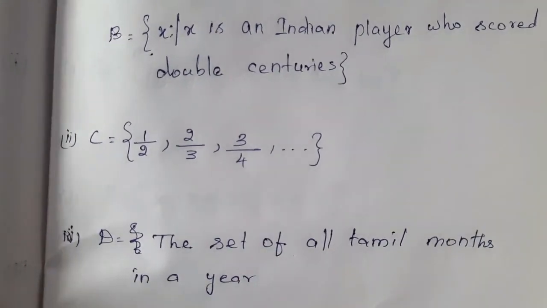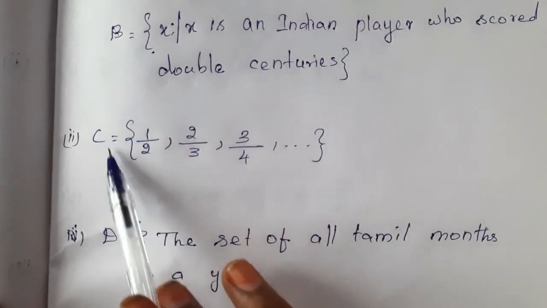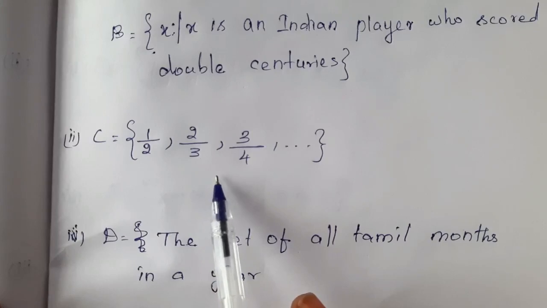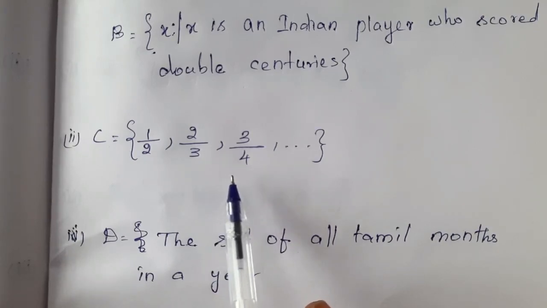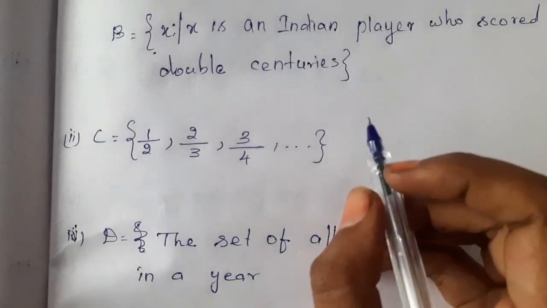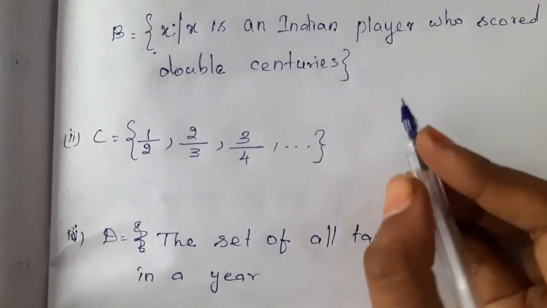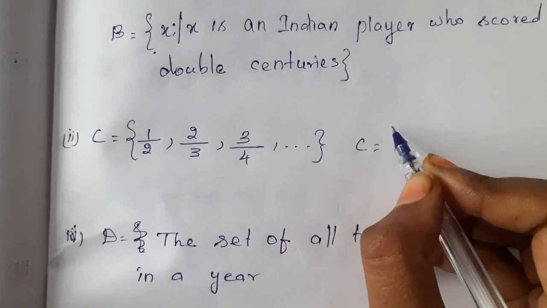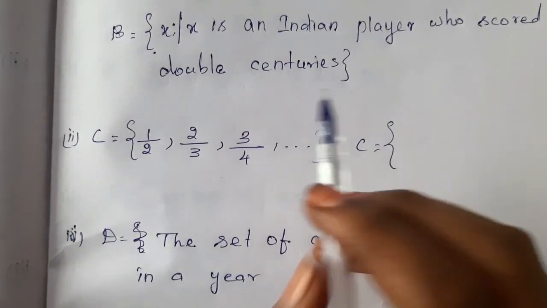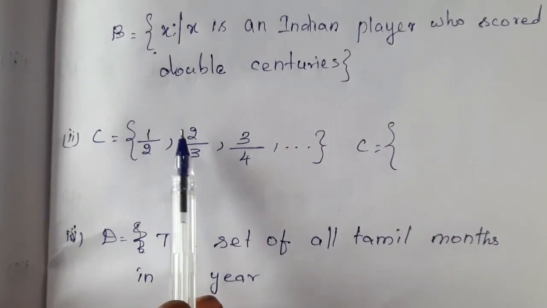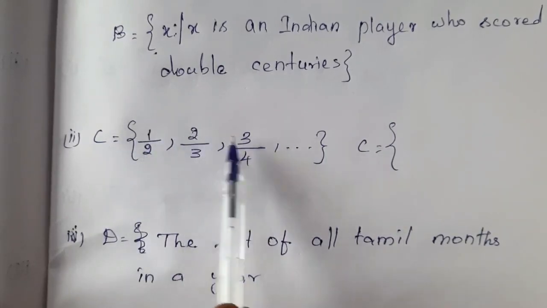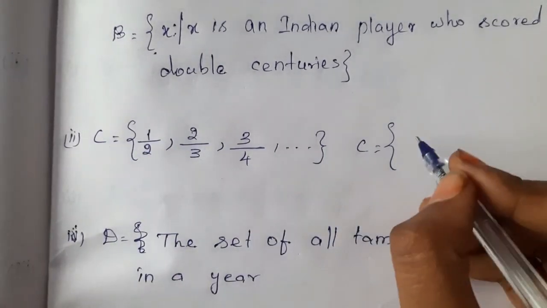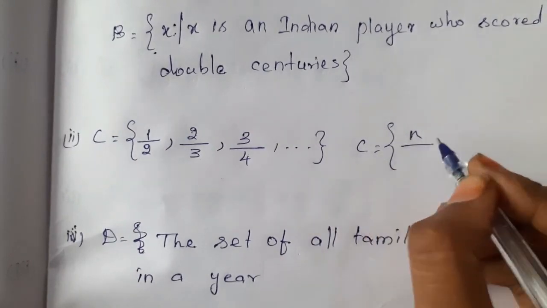Second one. C equal to, they have given it in which form? Roster form. We have to write that in set builder form. So C equals the set of all... Look here, the numerator is 1, 2, 3, etc., so we can write n by.